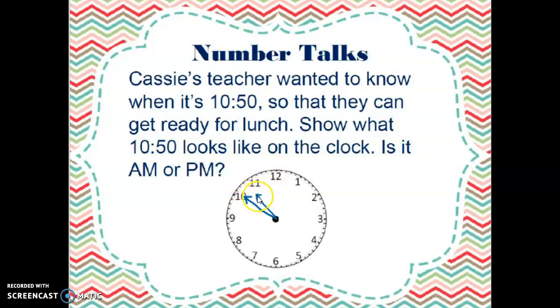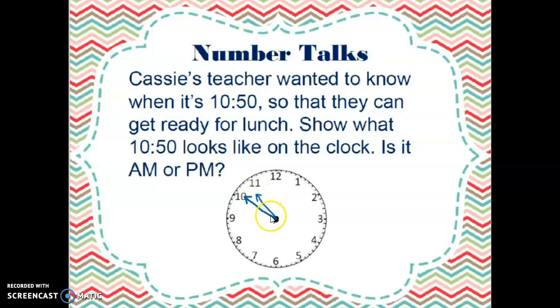That's why my hour hand is slightly closer to the 11. So this represents our 10, and our minute hand is right on the 10, which is 5, 10, 15, 20, 25, 30, 35, 40, 45, 50. So this clock shows 10:50.